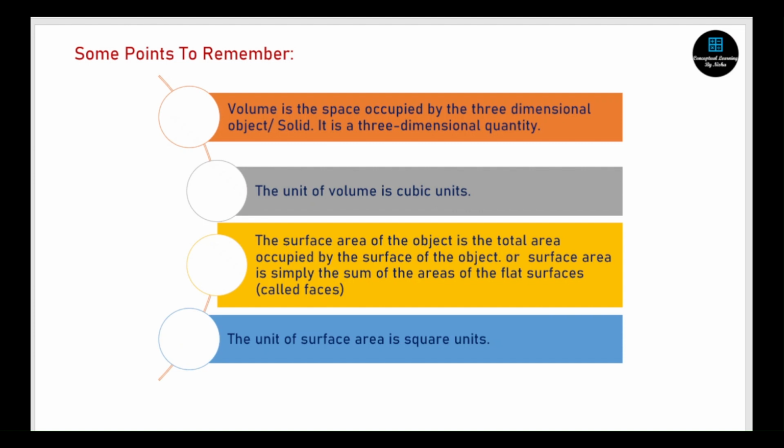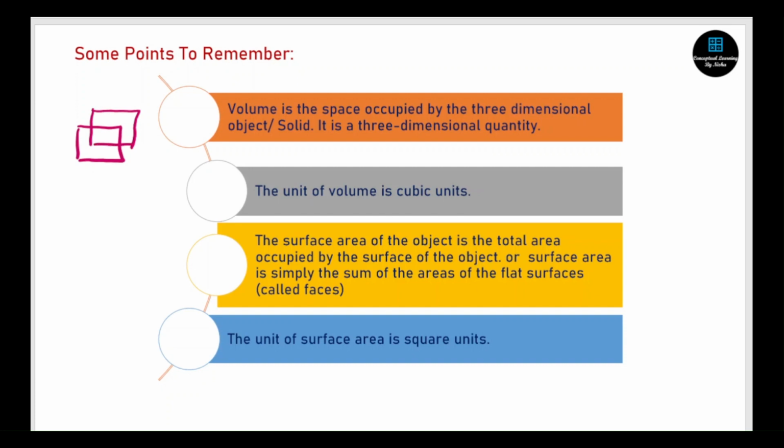What do you mean by volume? So volume is the space which is occupied by a solid object, right? Solid objects, as of now we are just learning the cubes and cuboids. When you think about the three-dimensional shape of a square, how to draw that?